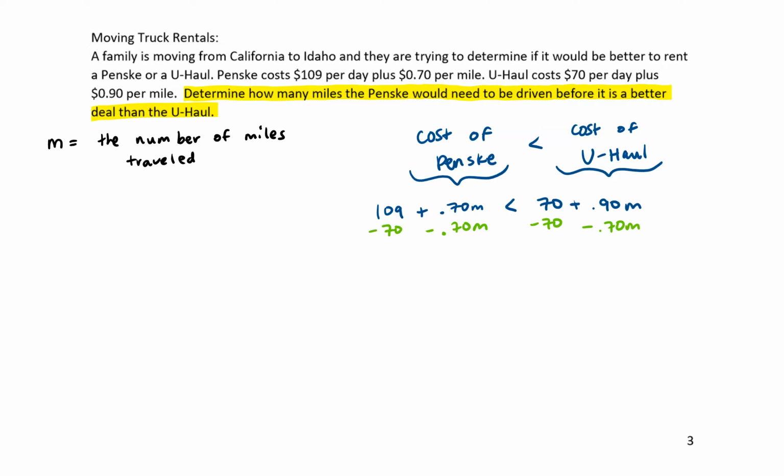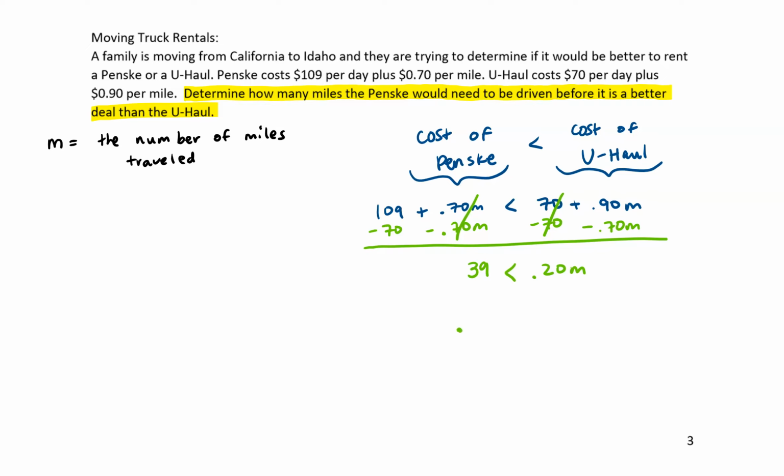So I'm going to do two sets of subtraction here. These will give us 0 on the left, and on the right side of the inequality, I would have 0.20m. And on the left side of the inequality, we have 39. So I'm going to just swap the inequality around.